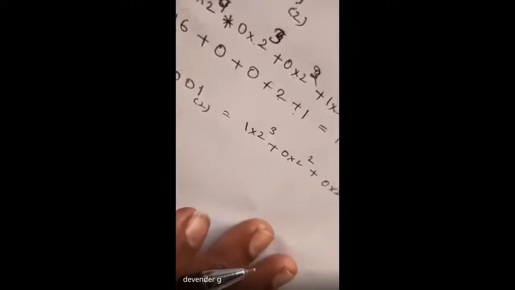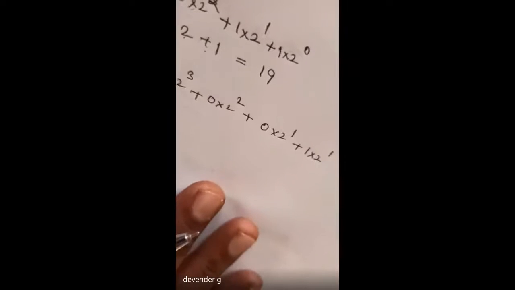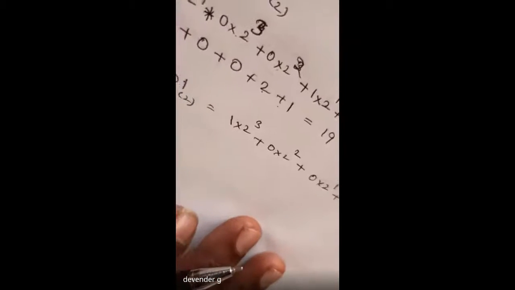So 1 into 2 to the power of 3 plus 0 into 2 to the power of 2 plus 0 into 2 to the power of 1 plus 1 into 2 to the power of 0. Okay. So this is how I got it.